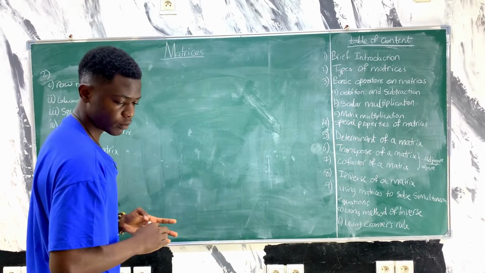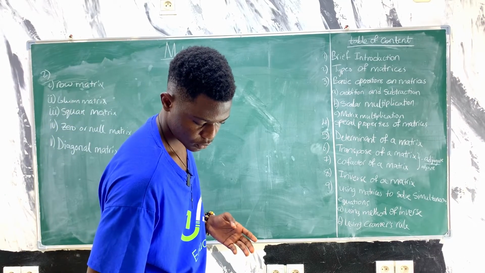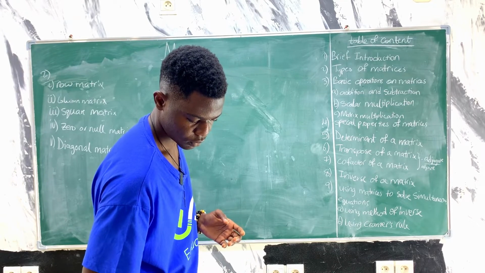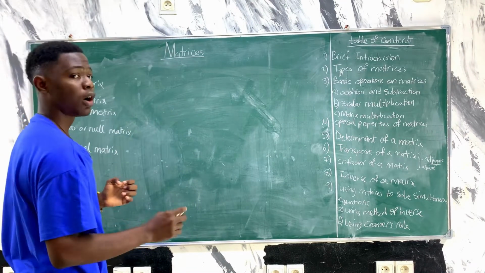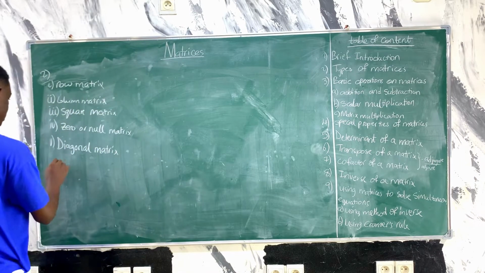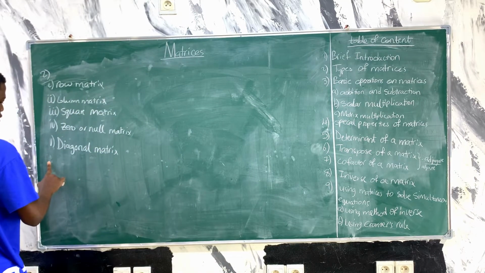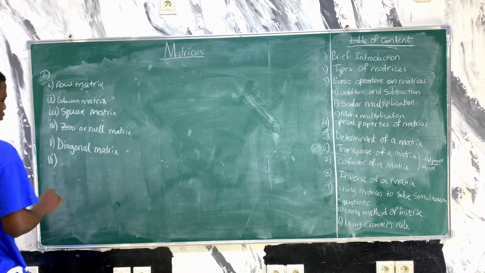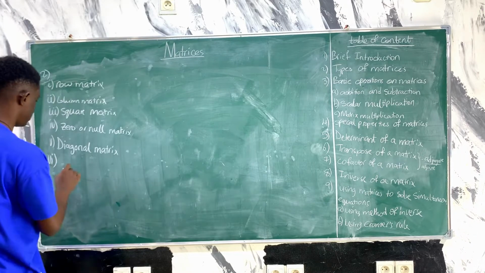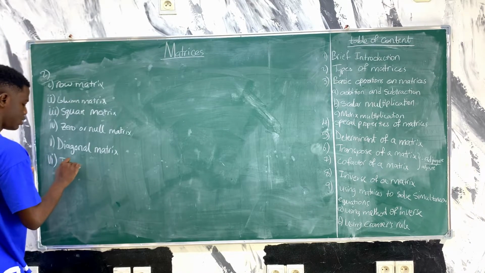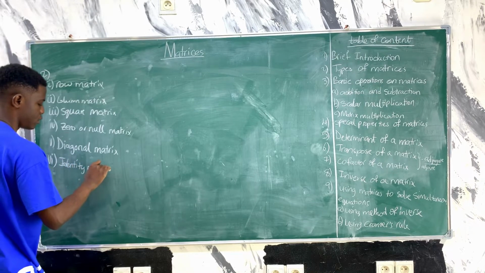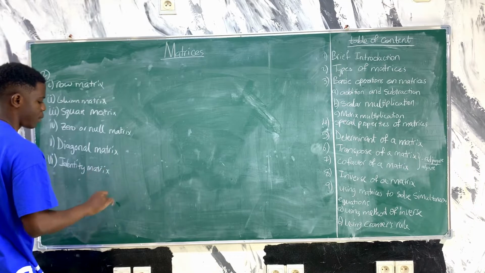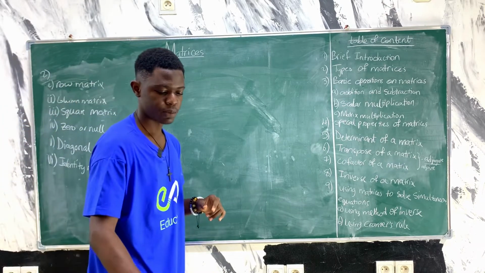So the next is a scalar matrix, an identity matrix. What is an identity matrix?